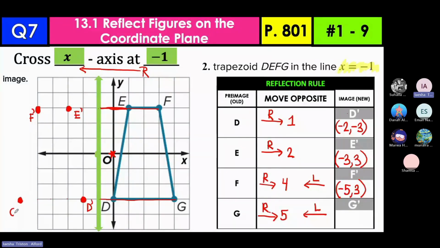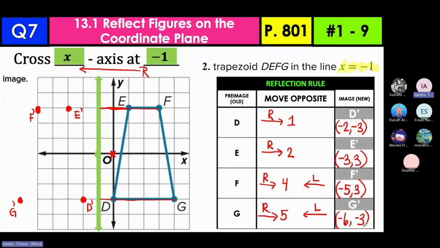But it should be 5 here. So G prime. Then where is G prime? 6 units left and 3 units down. So 6 units left, 3 units down.